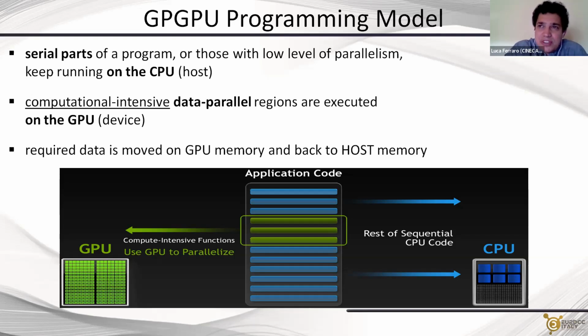In order to move the computation onto the GPU, you also have to move data from the host side to the GPU global memory. There are many ways to do that. You can do it explicitly using, for example, cudaMemcpy, or you can do it implicitly, relying on the unified virtual memory paradigms that are available, for example, in CUDA.